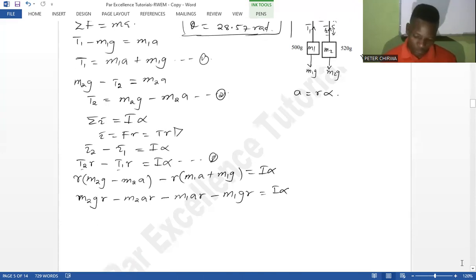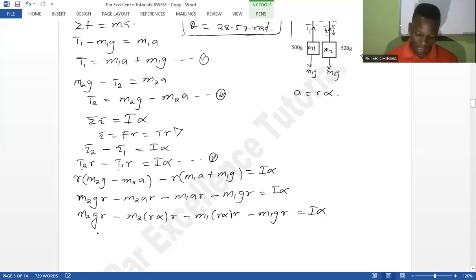So this is going to be written like this: minus m2 a, here it's going to be r times alpha, and then we have r here also, r times alpha, and then we have the r minus m1gr equal to I alpha.